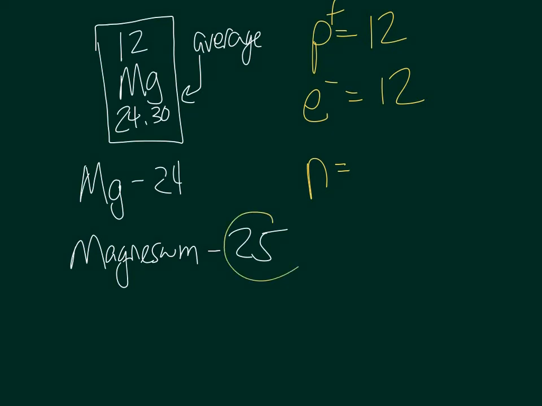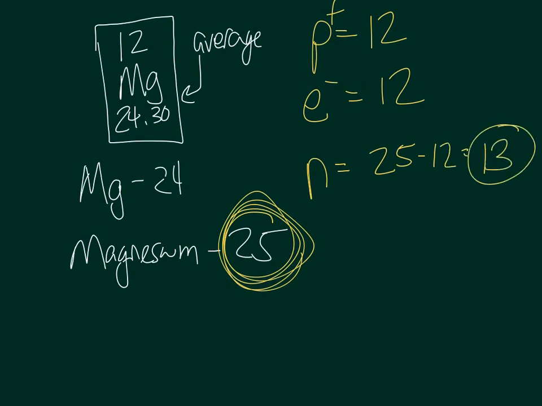But remember, if the mass number is given to you as part of a separate name, that's what you have to use. So instead of 24 minus 12, it's 25 minus 12, which means magnesium 25 has 13 neutrons and not 12. All right, so let's try one more problem here.